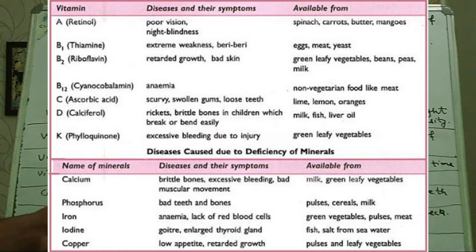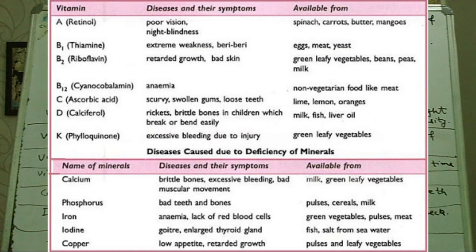And vitamins and minerals are also necessary. If we are not taking a proper amount of vitamin and mineral, then they can create diseases. So many deficiency diseases are created by vitamin and mineral deficiency. And sometimes some problems can arise with excess of food. If we are taking fat in excess, we are inviting obesity, motapa. We are inviting that particular problem in our body. The required amount of fat is digestible in our body.